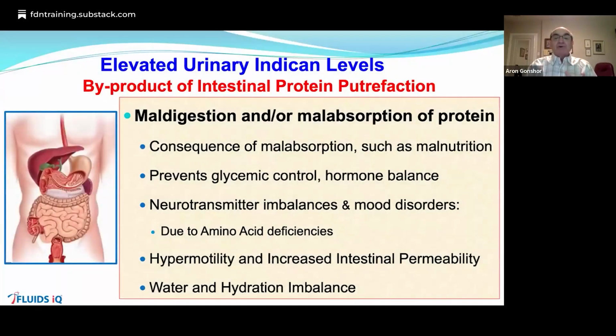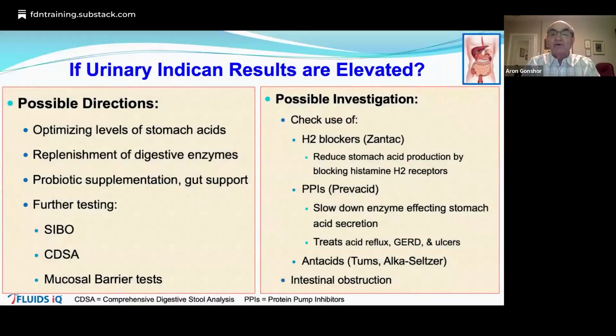So just remember, elevated indican levels in the urine is a byproduct of intestinal protein putrefaction. I'm not going to go into the great details. And if there is a urinary result which shows that it's elevated, well, what do you do? Well, one of the things you want to do, and on the left we talk about that, you want to optimize the level of stomach acids.